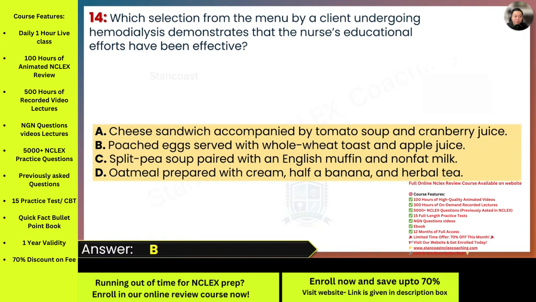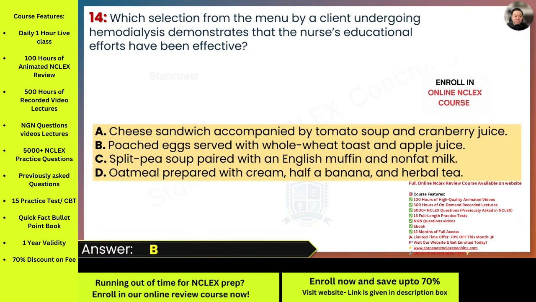And so the poached eggs served here will provide the client high quality protein, which is very important because hemodialysis can cause protein loss. And the apple juice in this option is a low potassium beverage, so this is also a safe choice. And the whole wheat toast is also an acceptable moderation because it provides fiber without excessive potassium or phosphorus.